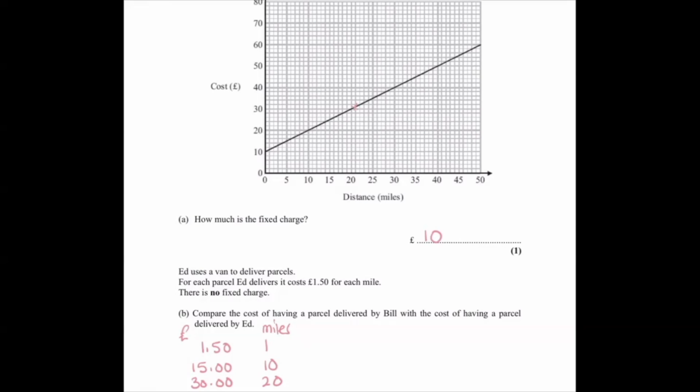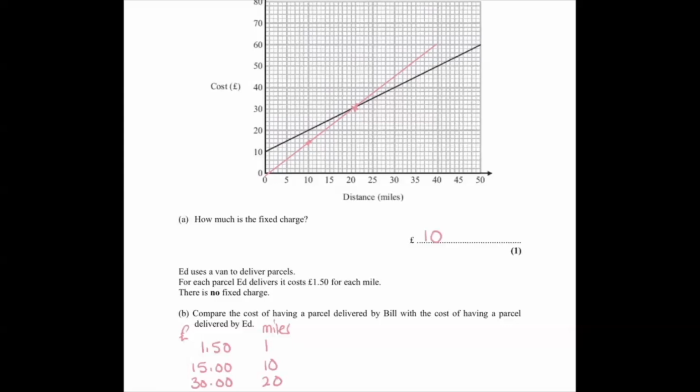And as you can see, as soon as I put that on, I can see that's exactly the same as our other delivery person. If I plot on my 10 miles, which is £15, I can see that that is cheaper. I could draw the actual line in, and then it helps me get a clearer picture.